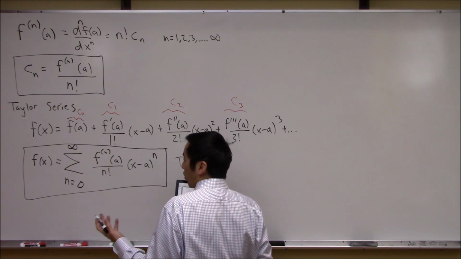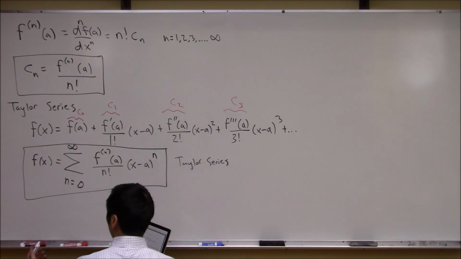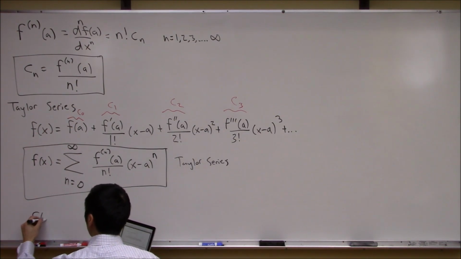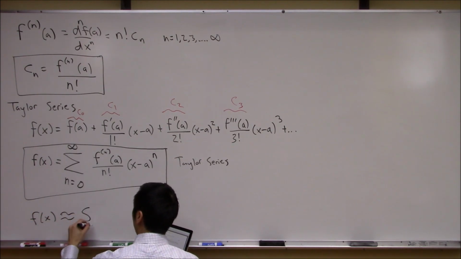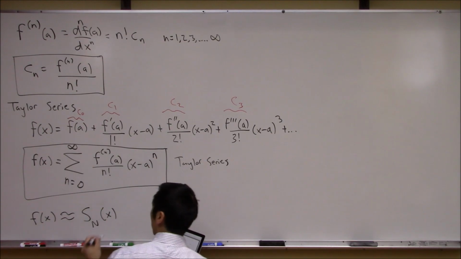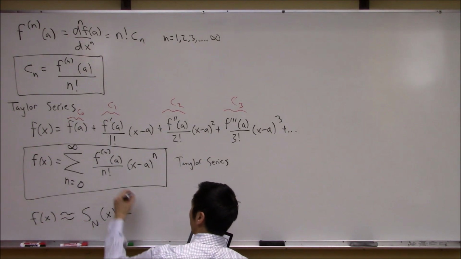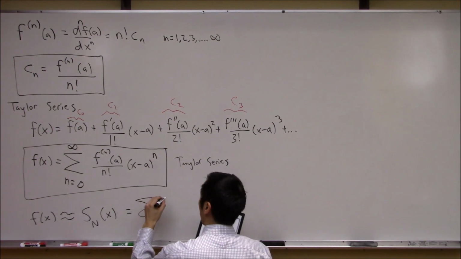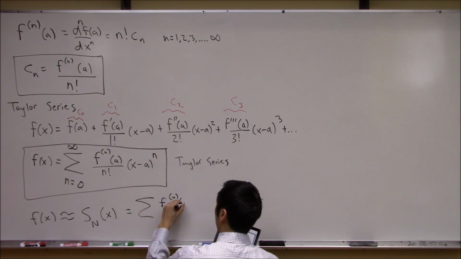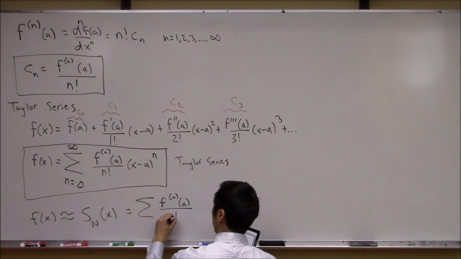So sometimes what might be a little bit easier is to just approximate this with what's referred to as a partial sum. I'm going to denote this here as Sn of x. The partial sum is basically taking this exact same expression, our Taylor series.